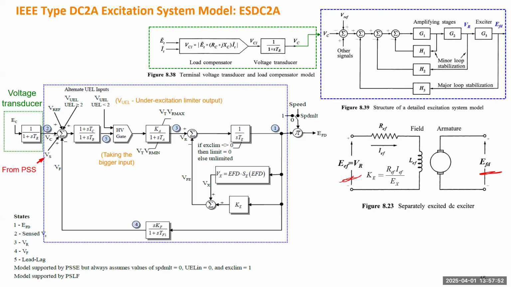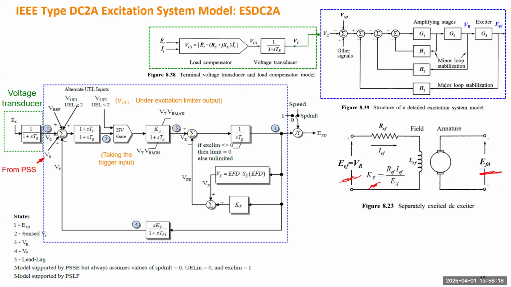Okay, and here I also tell you what this KE is for this case. The KE is actually the gain for the exciter, right? This is actually the KE, and there's also a tau E, which is the time constant of the exciter. We mentioned that one is very small.